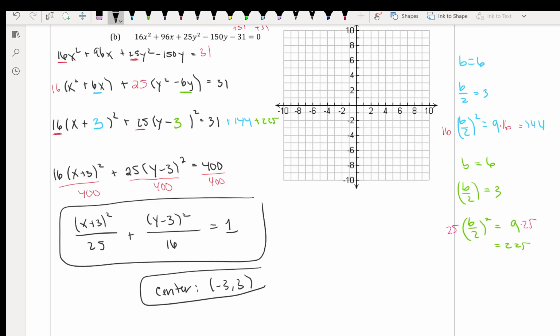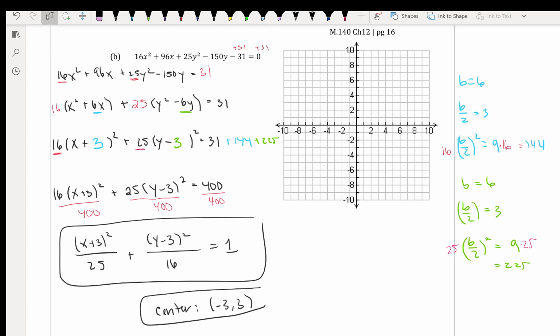So I can go ahead and start graphing this. So I have my center at -3, +3. That's there. And I know that along the x-axis, I go along 5. So 5 to the right, and then 5 to the left. And I also have that along the y-axis, I'm going to go up and down 4, since the square root of 16 is 4.